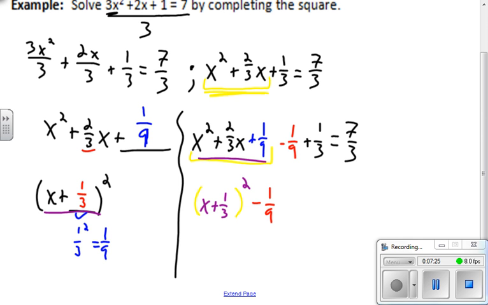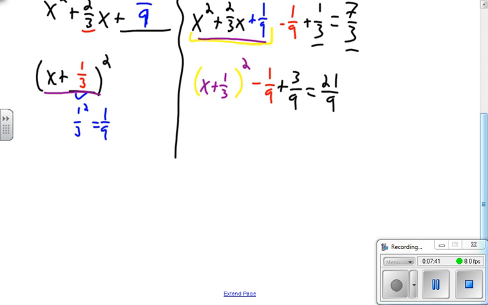minus 1/9. And again, I'm going to just get common denominators here and here. Positive 1/3 is the same as plus 3/9. 7/3 is the same as 21/9. So we're getting there. It's getting closer. Simplifying this down some more.